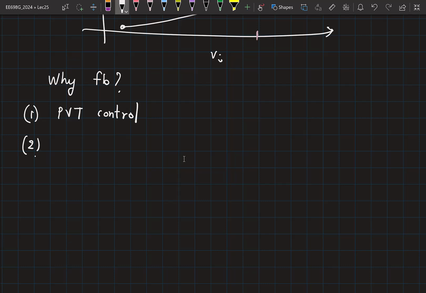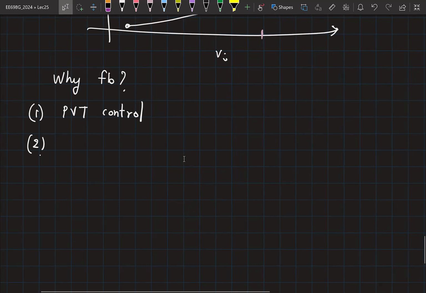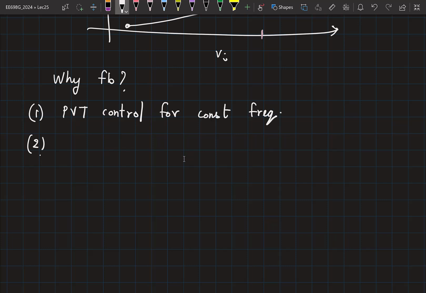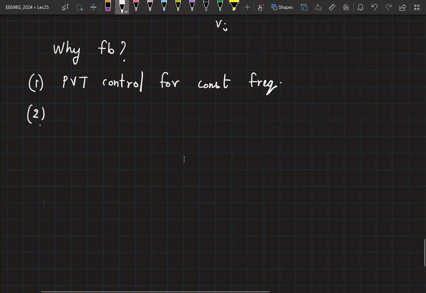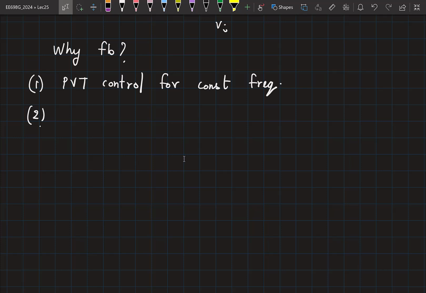Error in the frequency across PVT. Yes. So then PVT control, right? What else? I mean, throw out ideas. If it's wrong, it's wrong. That's all.